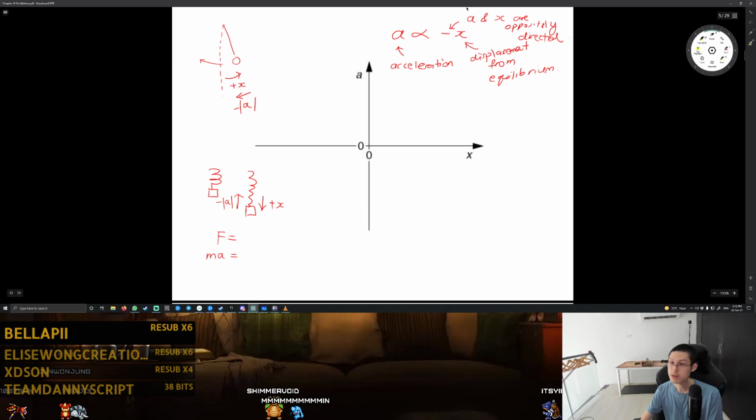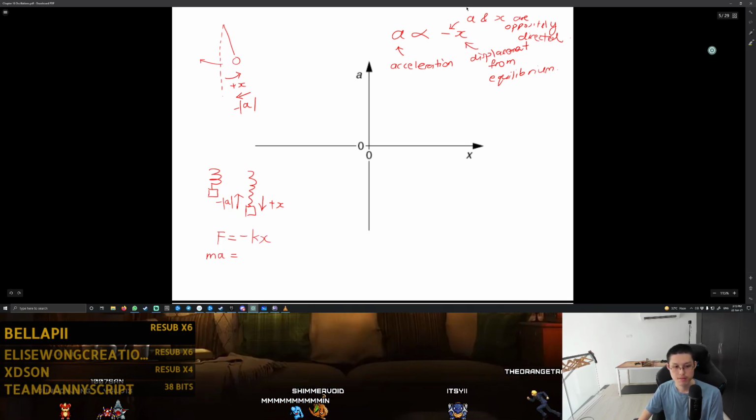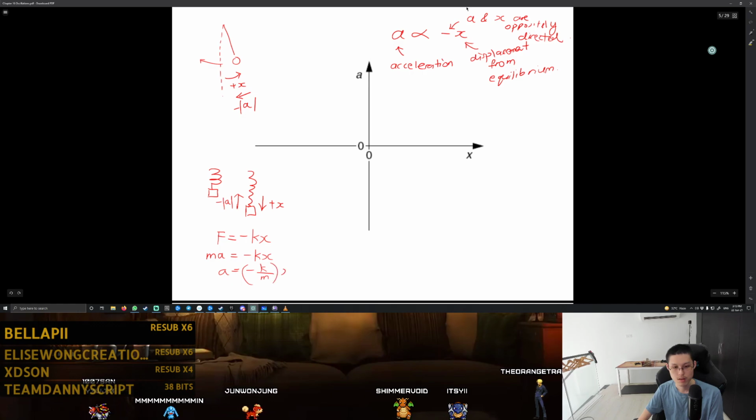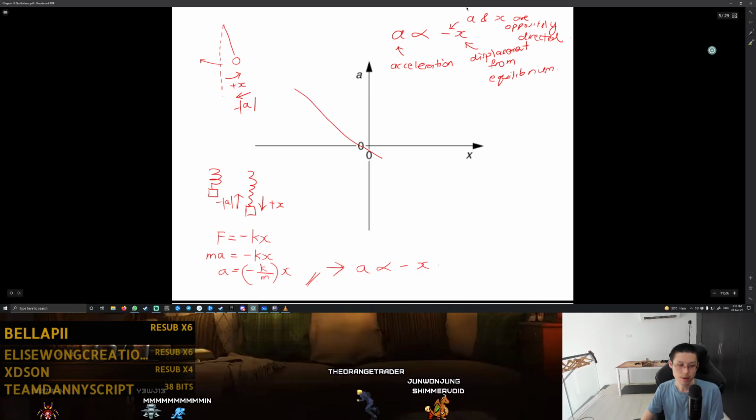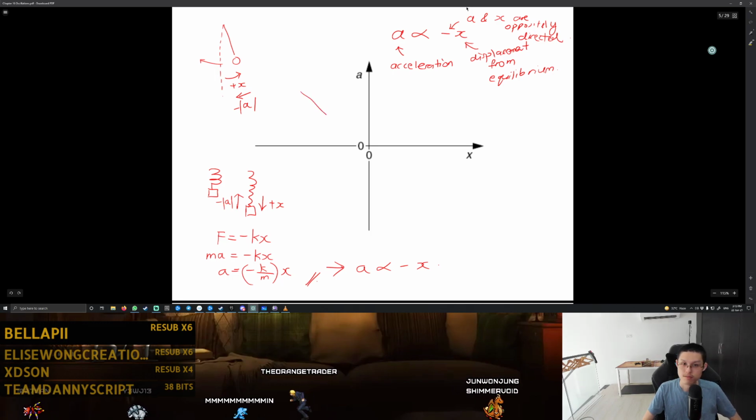Remember Hooke's law, there must always be a negative. There, so from here you can see that a is proportional to negative x. So if you were to draw a graph of a against x, you would get a straight line that passes through the centre.